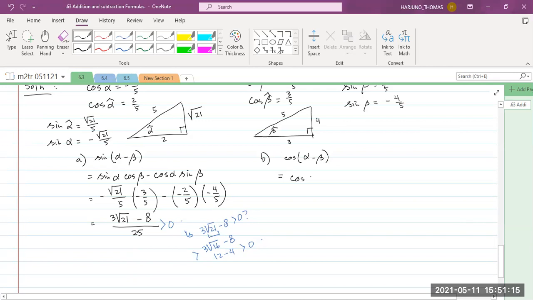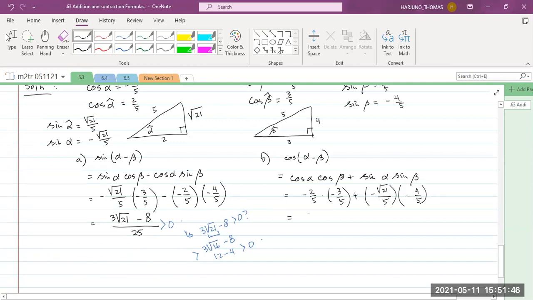This is cosine alpha cosine beta plus sine alpha sine beta. Cosine alpha is negative 2/5, cosine beta negative 3/5, plus sine alpha, negative square root of 21 over 5, sine beta is negative 4/5.